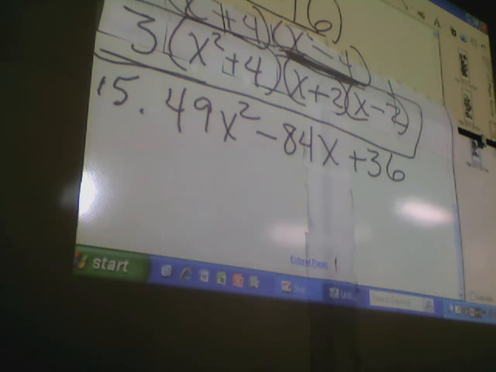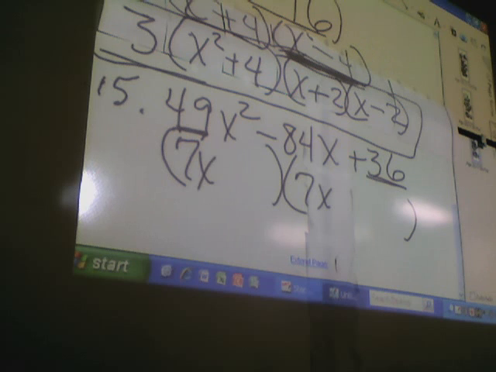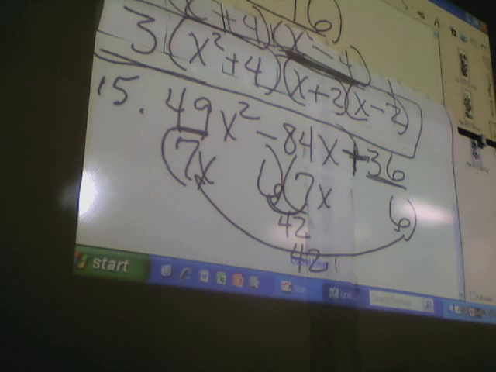Okay, let's try, because we know this is perfect, like 7 times 7, and this is 6 times 6. Let's try that one first as a factor before we do all the 1 times 36, 2 times, all those things. Let's see if we could just have the same thing on both of them. The 7, 7, and then the 6 and 6. What is 6 times 7? 42. And this other one will be the same, 42. They need to add to give you 84.